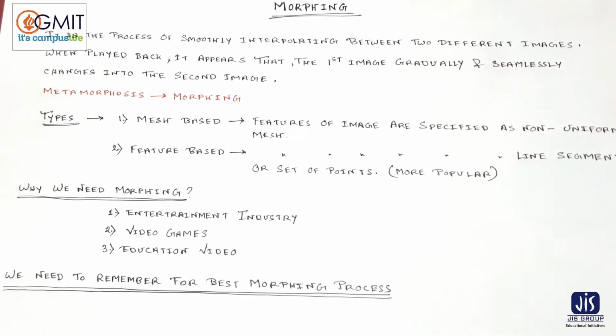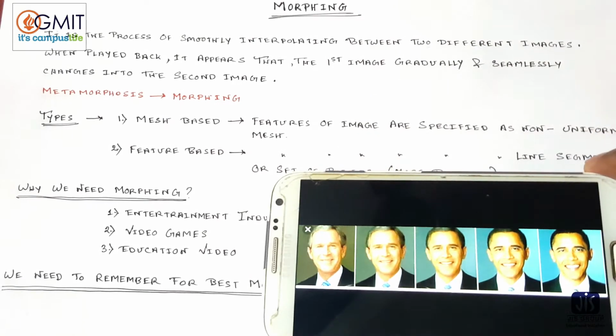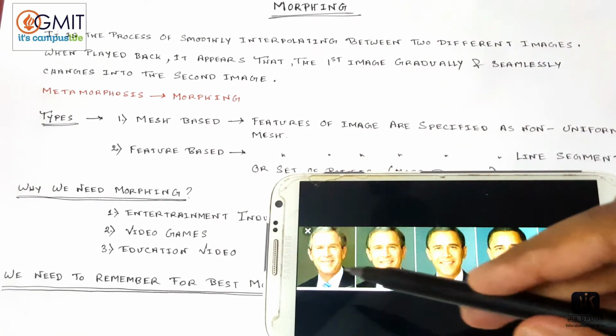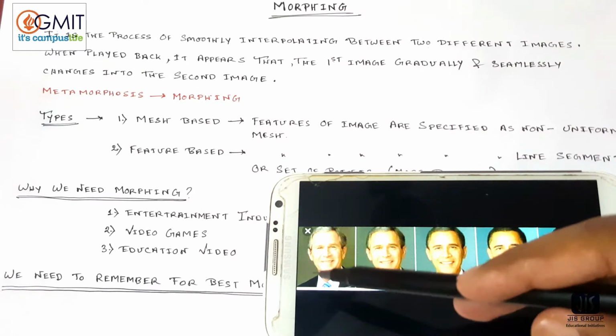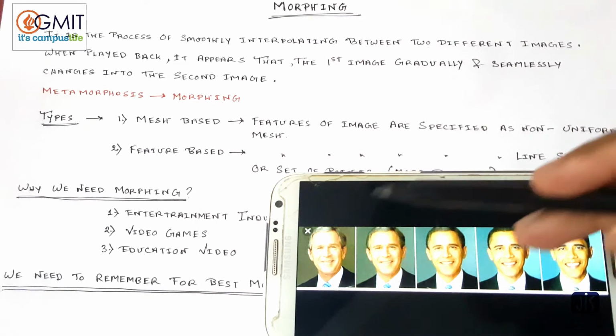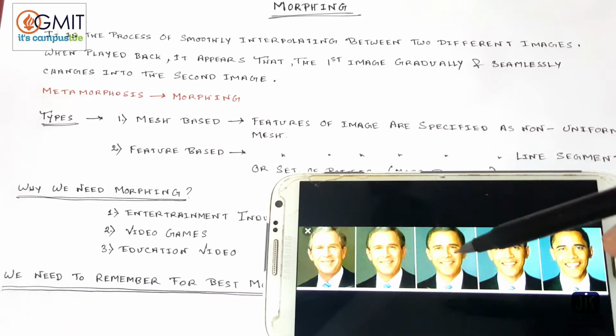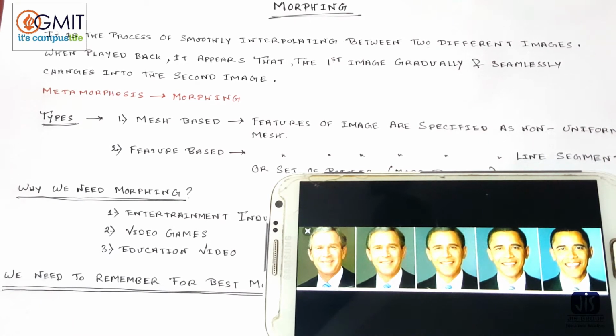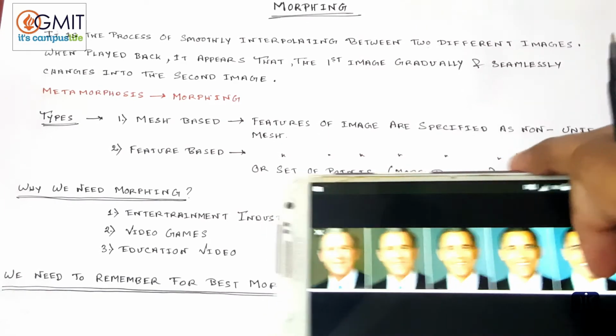So morphing refers to a smooth transformation on the screen. In the example you can see there is a smooth transformation, not like from this to this suddenly, but in-between frames are also required for smooth transformation. This is what morphing is.